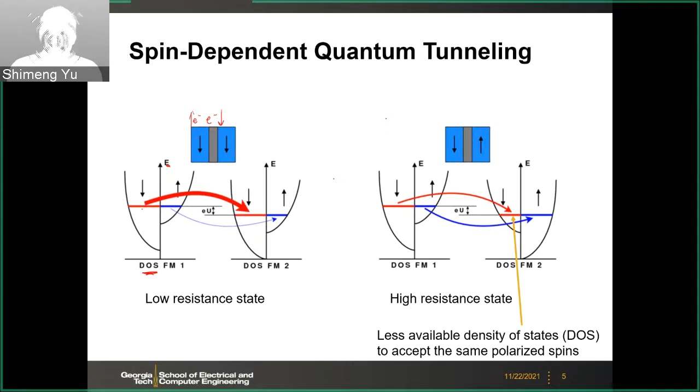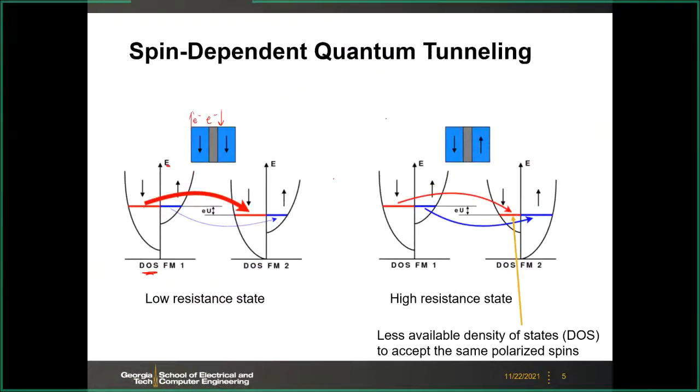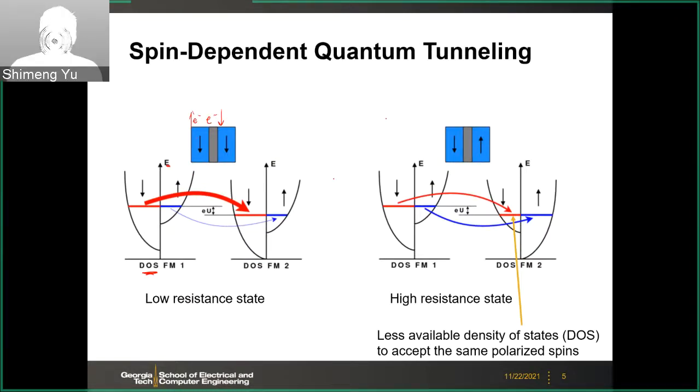Here is the occupancy of the electrons. If you apply voltage to the right, then you push down the band. Then the spin down electrons will tunnel through this oxide layer, and then spin up will also tunnel through.